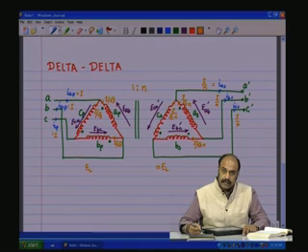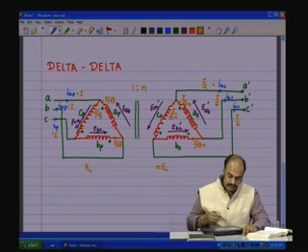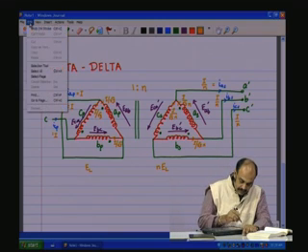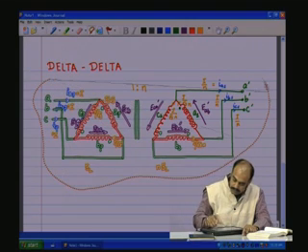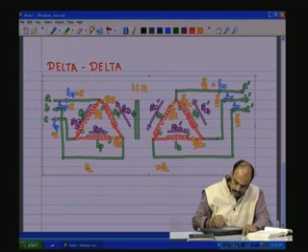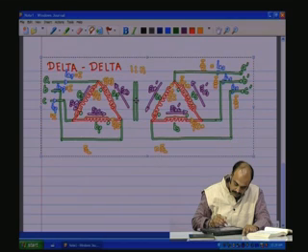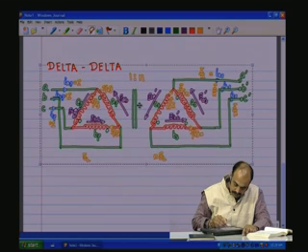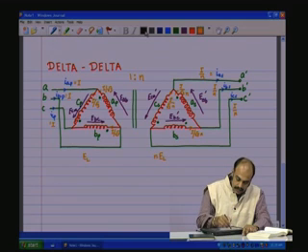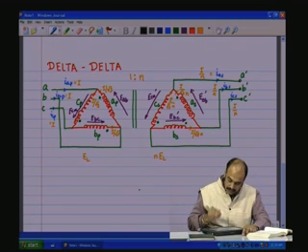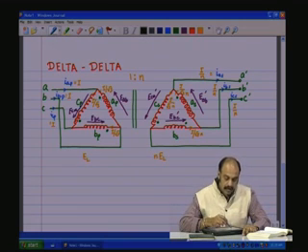So, let us look at the phasor diagram of this. Now, starting on the primary side, we have EAB.